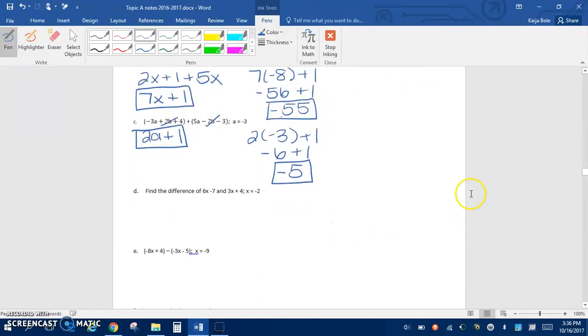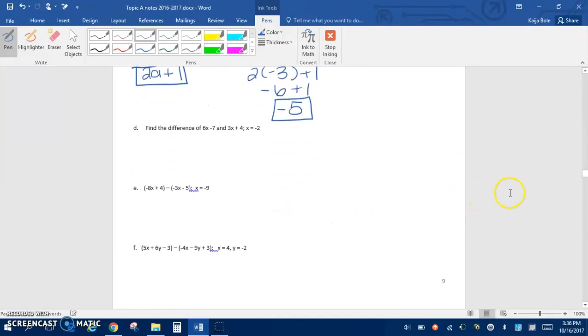All right. Part D here says to find the difference of 6x minus 7 and 3x plus 4. So we have 6x minus 7, but we're finding the difference. So minus, put these in parentheses, the quantity 3x plus 4. Because now we need to distribute this negative 1 that comes along with the minus sign.